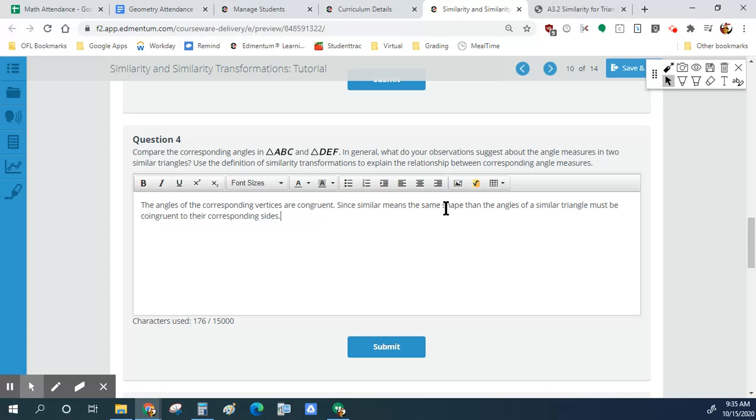So that's a long way of saying this. The shorter way of saying this is similar means the same shape. So if you move the triangle around, the angle still should stay the same.